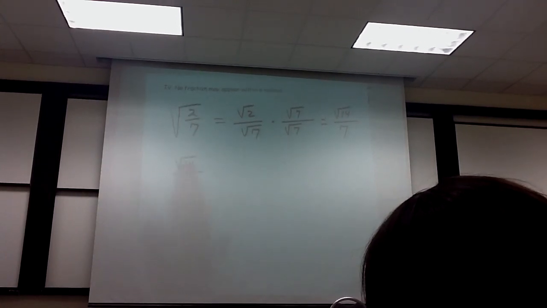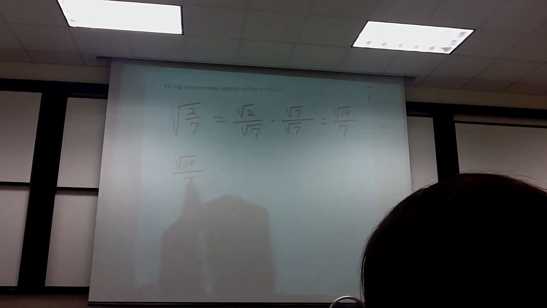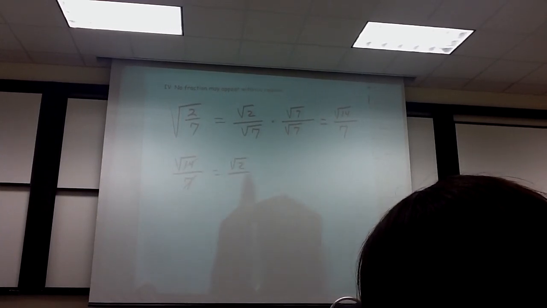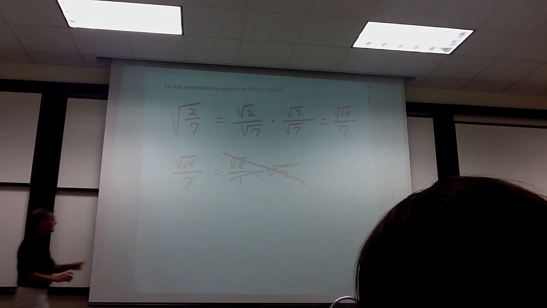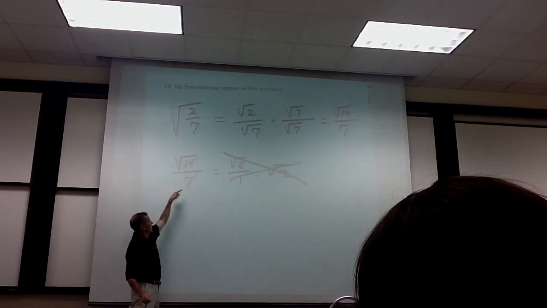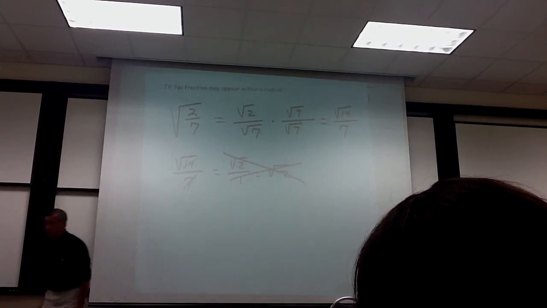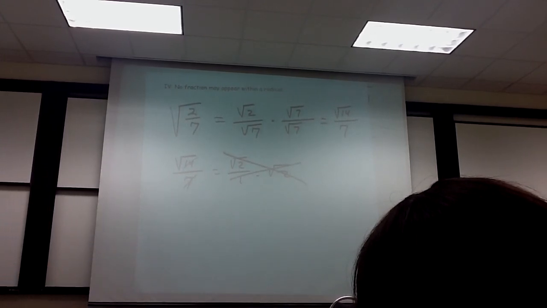Aha! Both these guys have a factor of 7. What did I do? I tried to simplify inside and outside of a radical. You see, ladies and gentlemen, that's not a 14 there. It looks like 14, but it's not really 14.